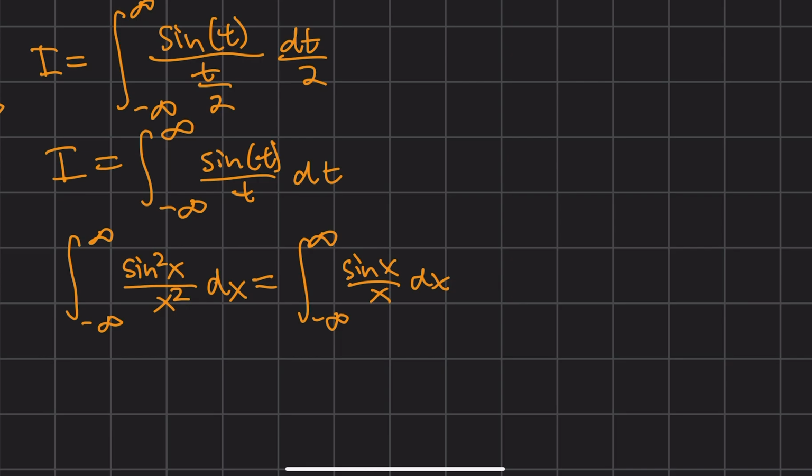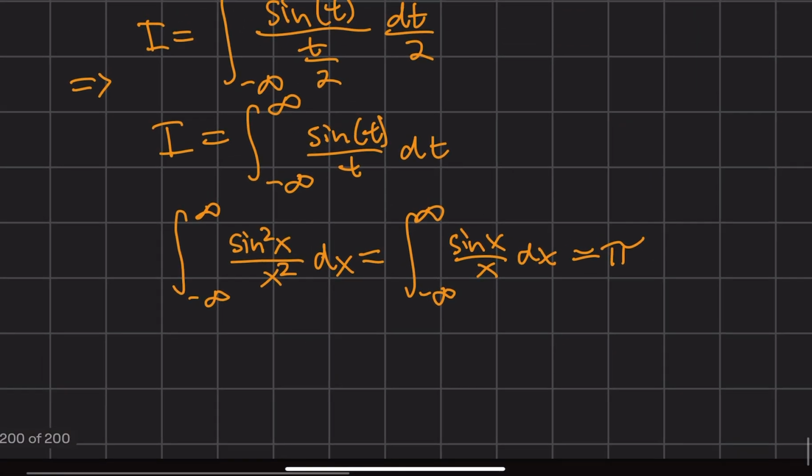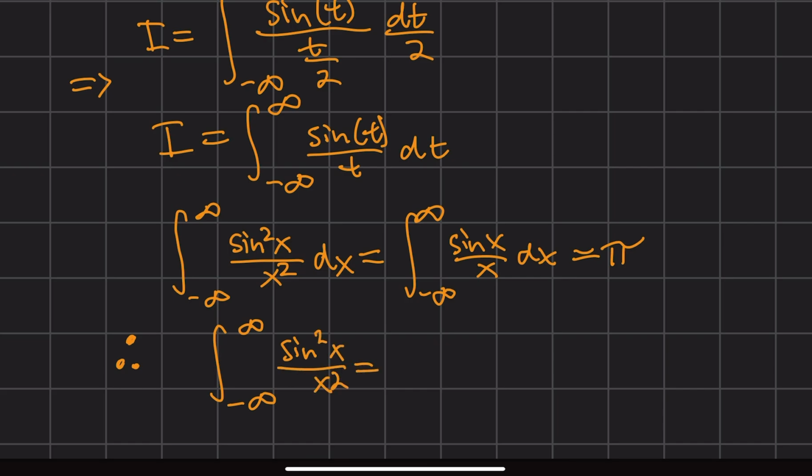And of course, in the last video, this is the famous Dirichlet integral, which we said was pi. So we can make that conclusion. Therefore, the integral going from negative infinity to positive infinity of sine squared x over x squared equals pi.